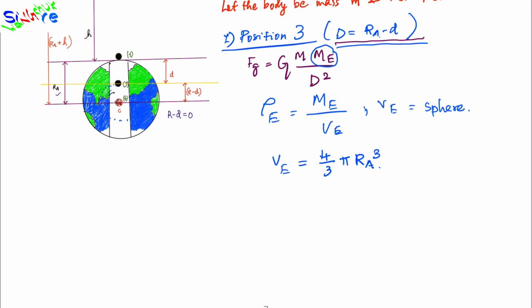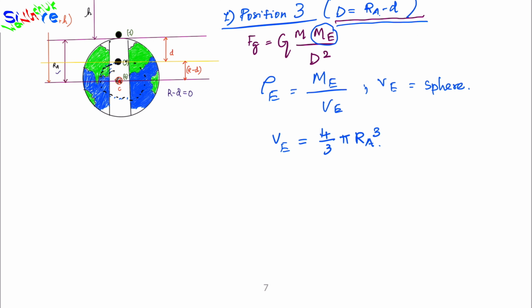Here in the diagram of position 3, we should draw the inner sphere extending from the body, whose radius from the center is just Ra minus d. Therefore, we can modify the volume of the earth at position 3 as Ve equals 4 by 3 pi Ra minus d the whole cube, which is at position 3.